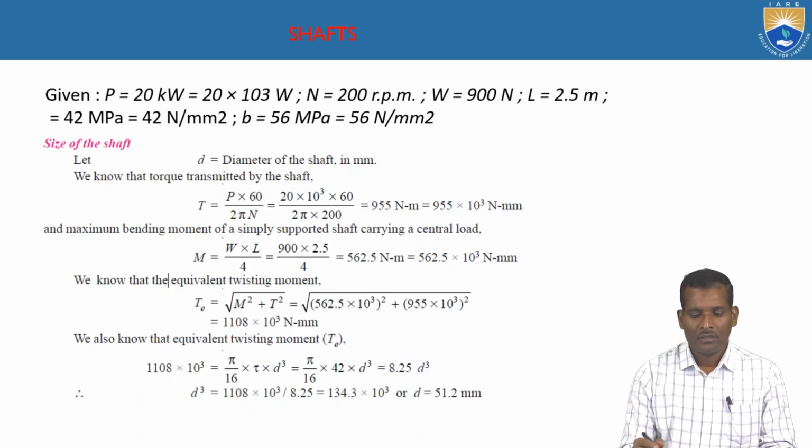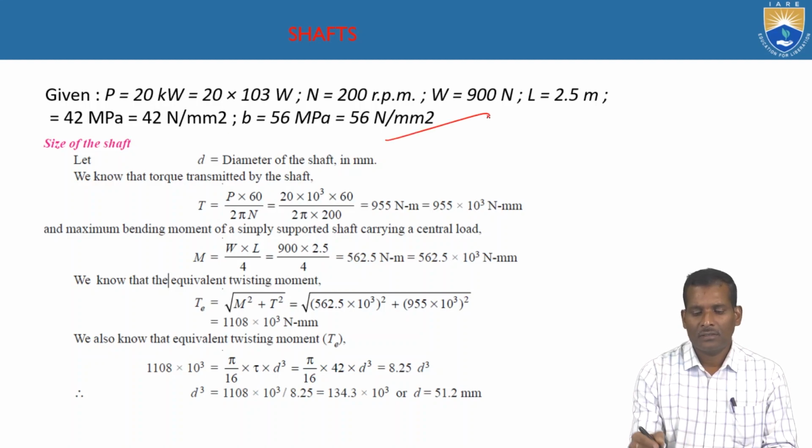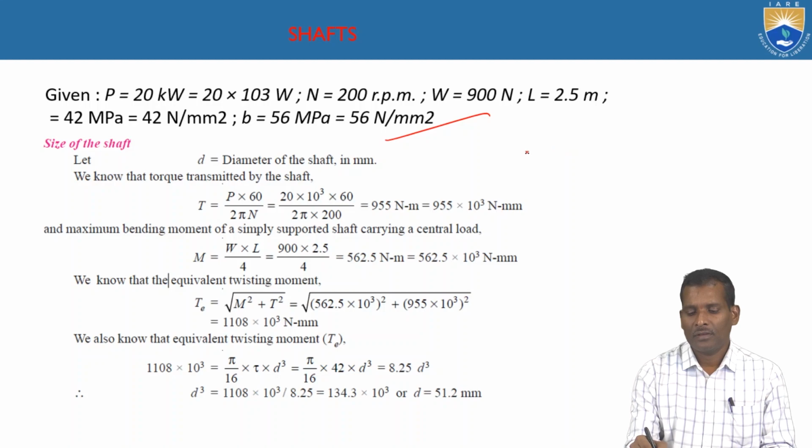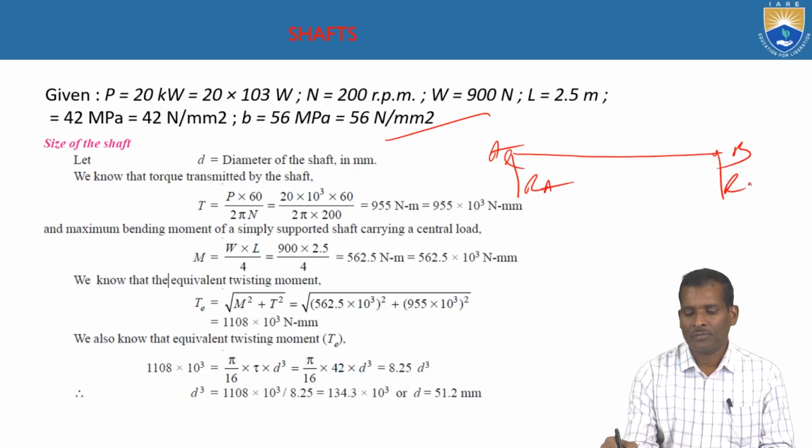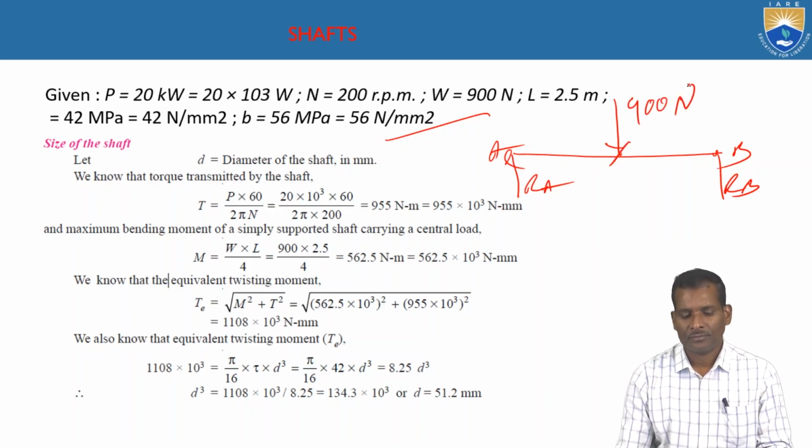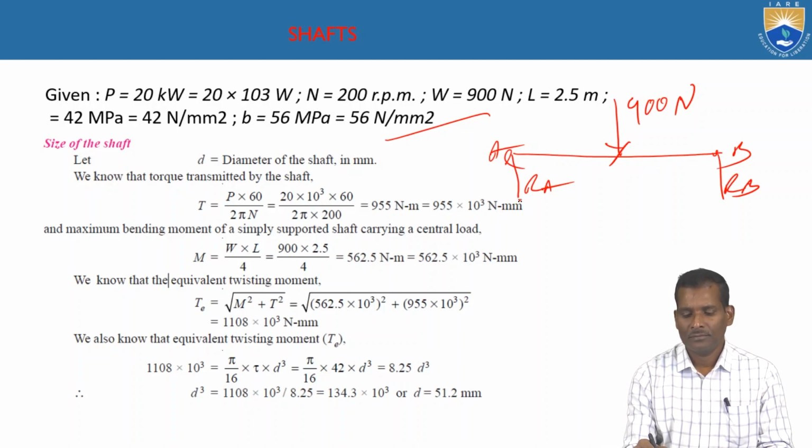So in this, the given data already written, draw the diagram. A and B, reaction forces there, and here center load 900 newtons. The shaft is mounted in between two bearings. What is the length? Length is 2.5 meters.